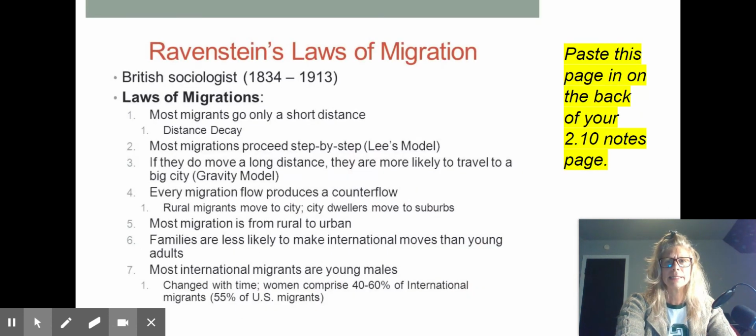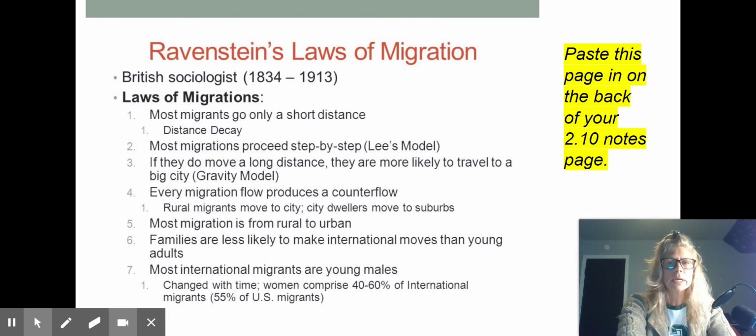All right, and the last here is Ravenstein's laws of migration. So Ravenstein was a British sociologist in the 1800s and early 1900s, and he went through these laws that are just really common trends that he saw in Great Britain. So again, you don't need to write all these down because there will be a handout when you go in on Wednesday, and you can paste that on the back of your notes.